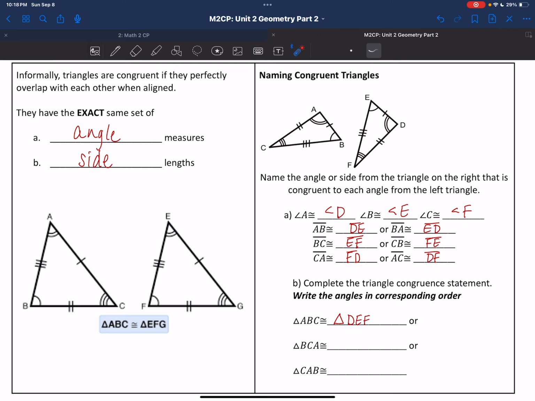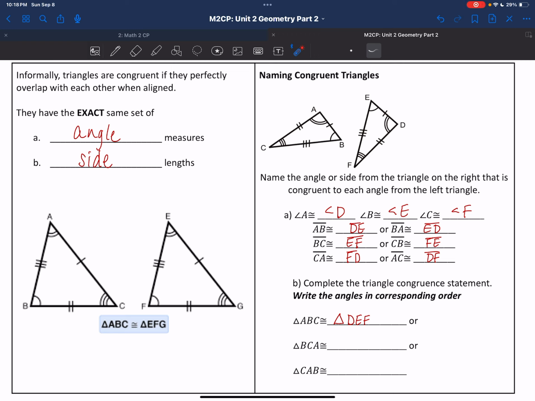BA is congruent to ED right here. BC has the 3 marks right here, is congruent to here, or you can go the other way here, or you could go there, doesn't matter. And then that's congruent to FE or EF.